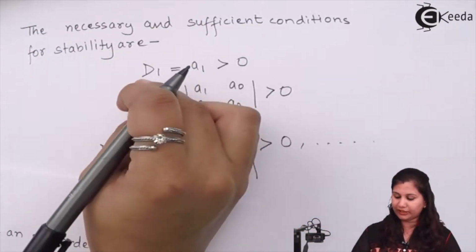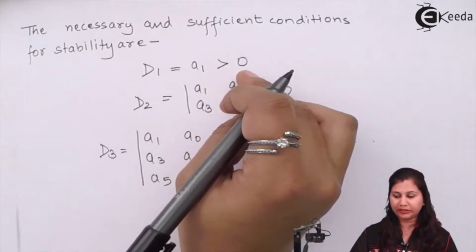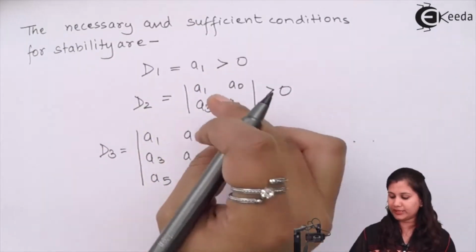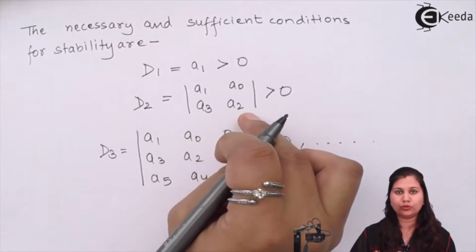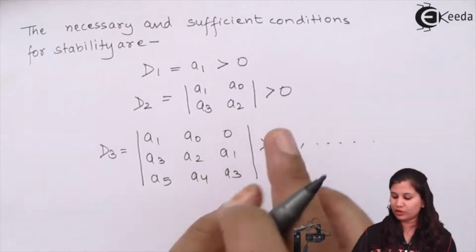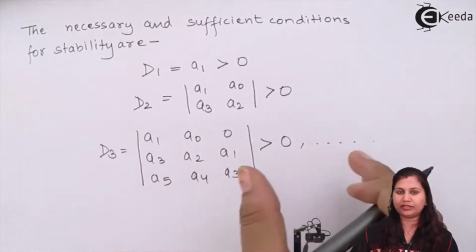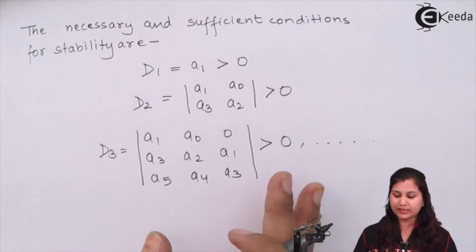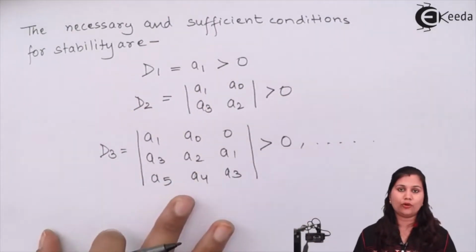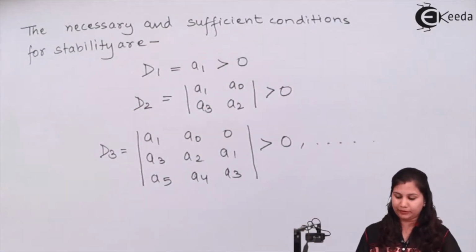First we have taken D1, which is A1, and it should be greater than 0. Then D2 is the determinant of A1, A0, A3, A2, and that should be greater than 0. Just like this we have D3, D4 till Dk. So all these determinants should be greater than 0 for a system to be stable.